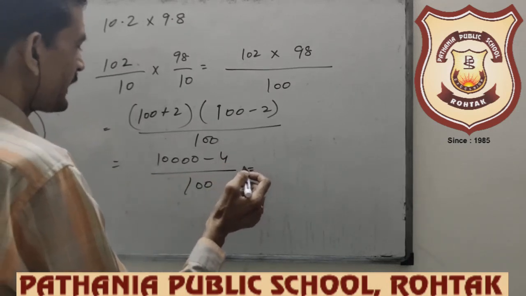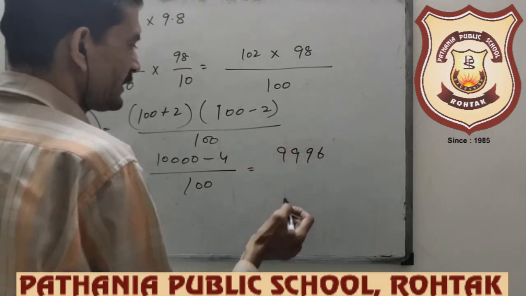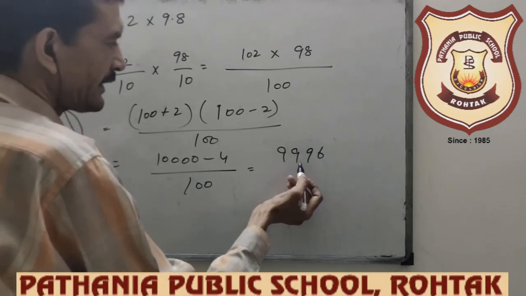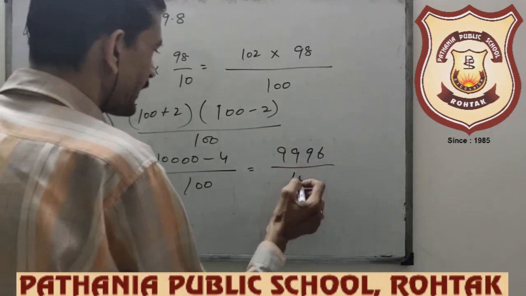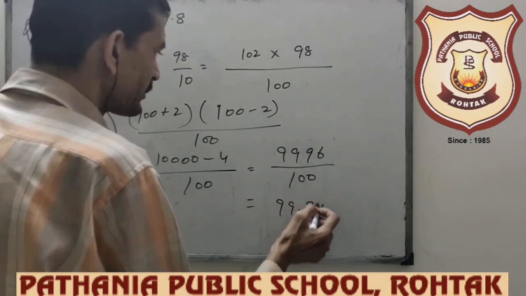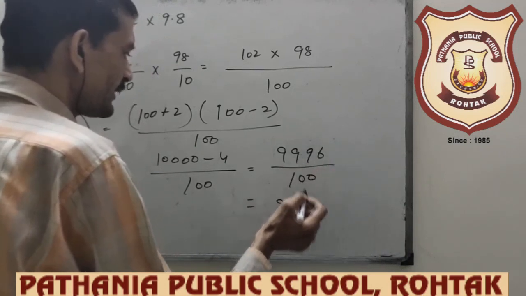Now 10,000 minus 4 is 9,996, ठीक है, upon 100. So what is it? 99.96. Put the decimal again after 2, before 2 digits.